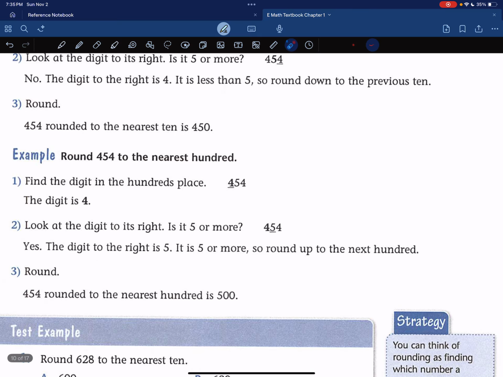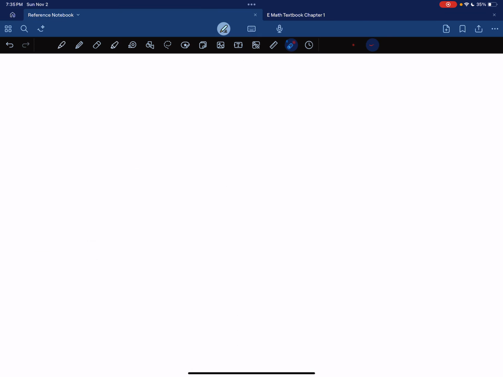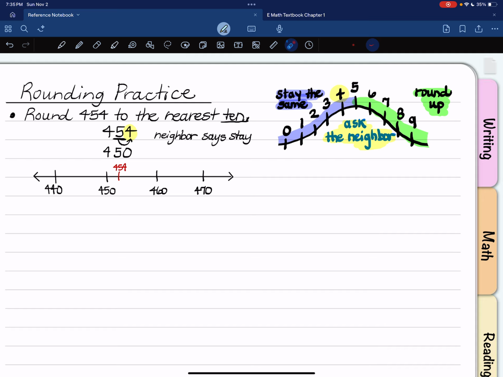Now we want to round 454 to the nearest 100. So let's add that one right in here. Round 454 to the nearest 100.